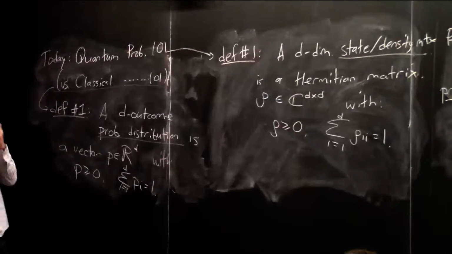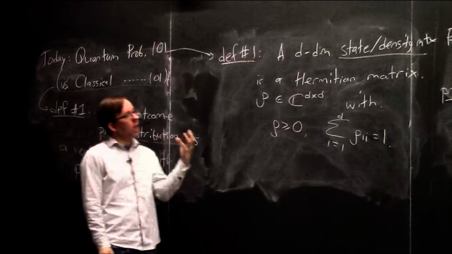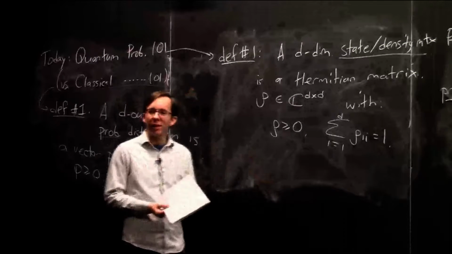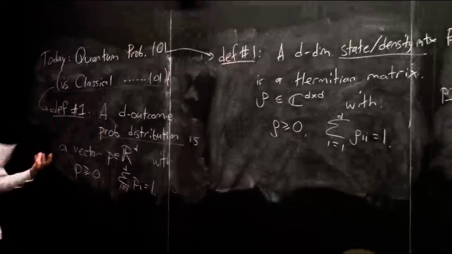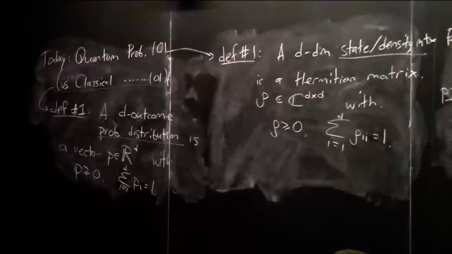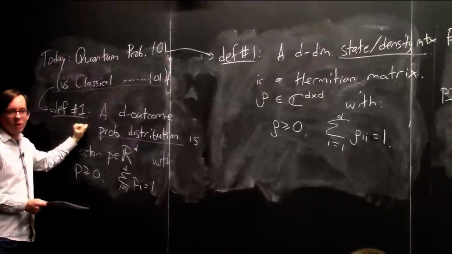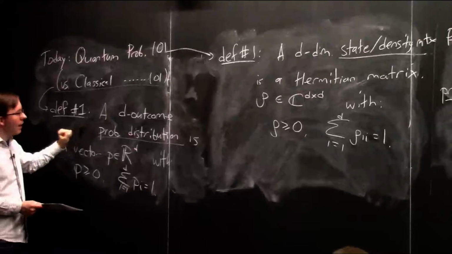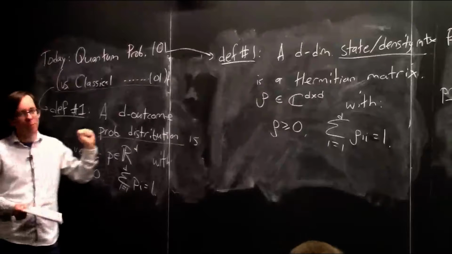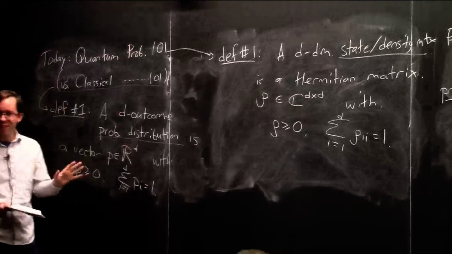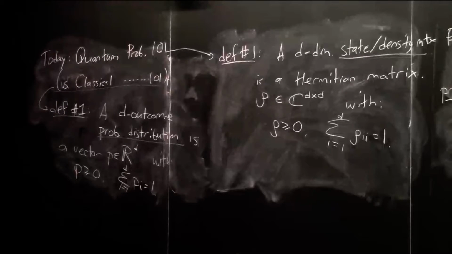So you see they look very similar. And you should really, in particular for today, think of rho as a quantum source of randomness, like a quantum die. It creates randomness in this world. In fact, you can get quantum probability just by taking the laws of classical probability, and everywhere you say vector, say Hermitian matrix instead. That's basically it. That's a little bit fuzzy, but the reverse direction is literally true.